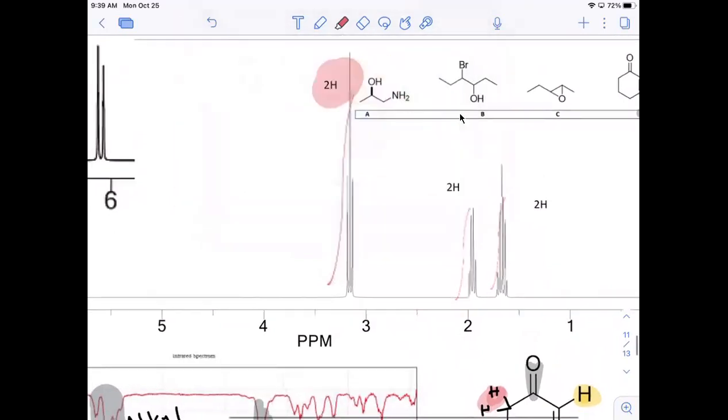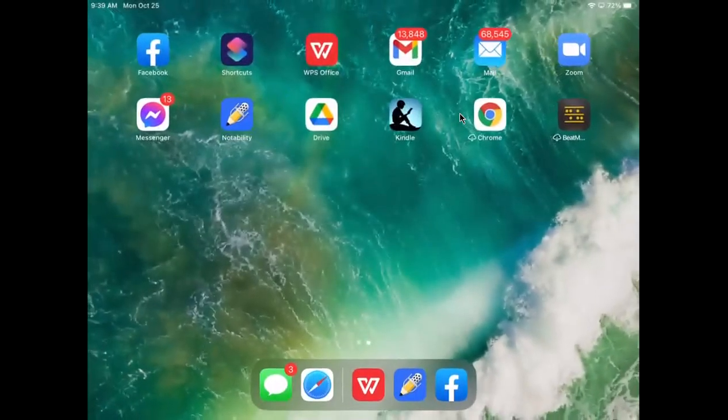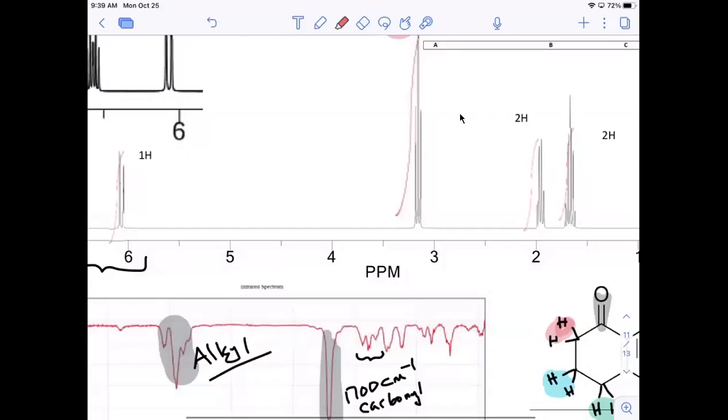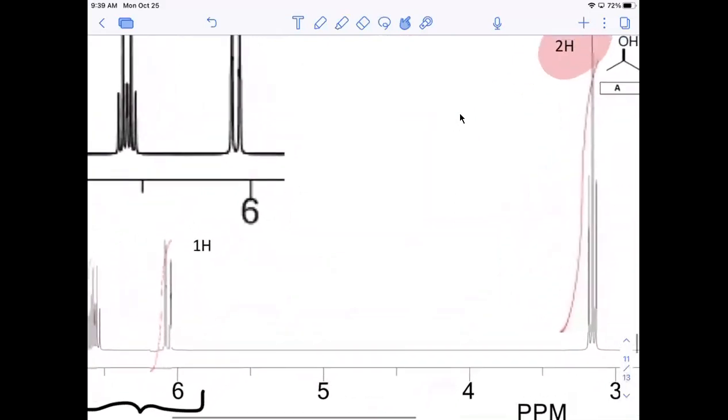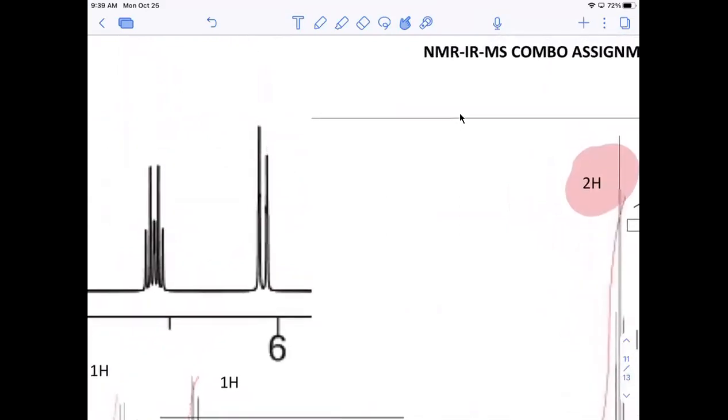No, those are down here, at the 6 and the 7. Oh. That's the vinylic region, right? For protons that are directly bonded to carbons that are in a double bond, that's where they show up, between 6 and 7. Got it. Okay.